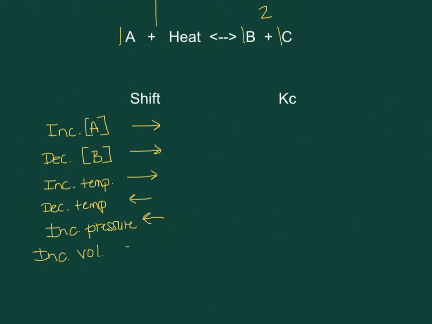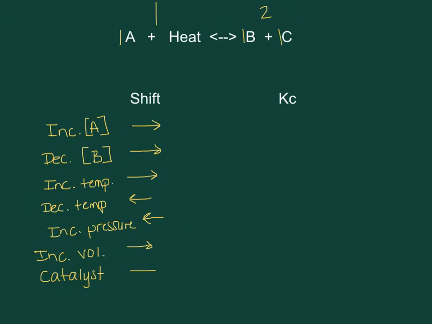So it's going to want to move in the direction that produces more moles. And finally, if I add a catalyst, this is going to have no effect on my reaction, in that it's not going to cause a shift in either direction, because a catalyst is simply going to increase the rate of both reactions equally.